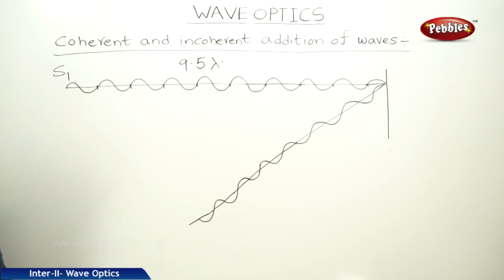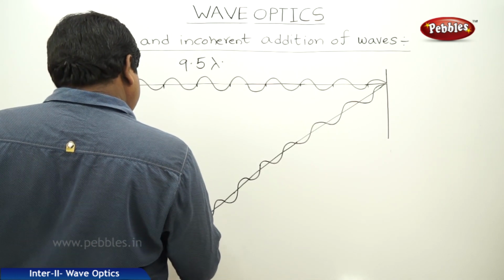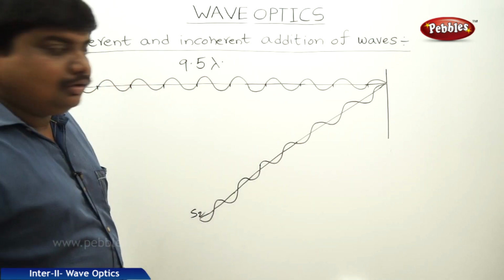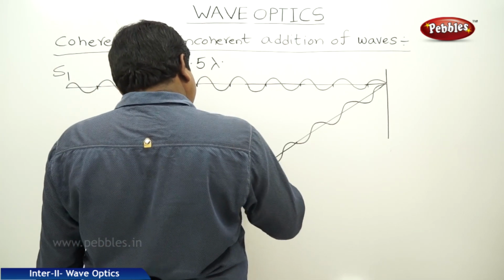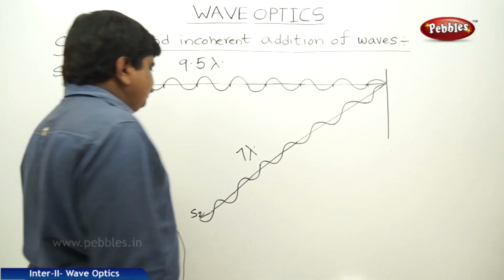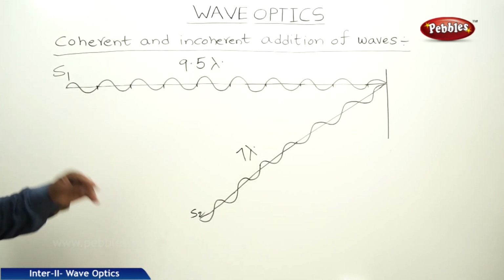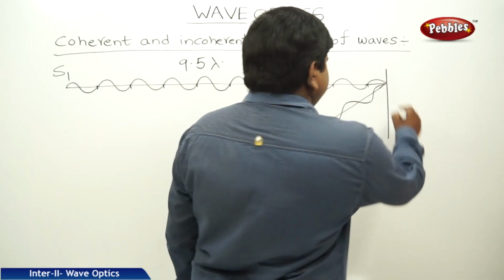So another source, the source is S2. It has released a wave of wavelength 7 lambda. They both are releasing the waves and these two waves are converging at a point Q.